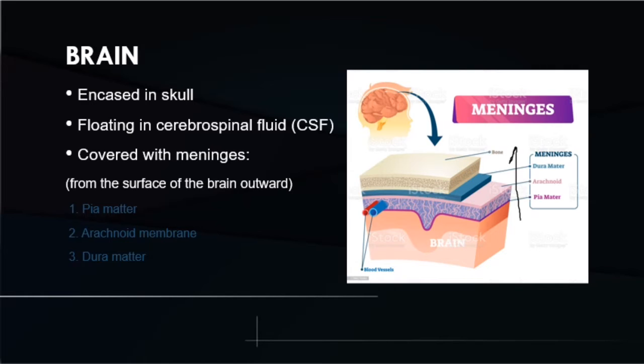In the middle is the arachnoid membrane. And then the outer one next to the skull is the dura mater. One good way to memorize this is that dura is kind of like durable, so it's hard. So it's skull, then dura mater, then arachnoid, then pia mater. Pia mater is closest to the brain, and dura mater is the most outer part.